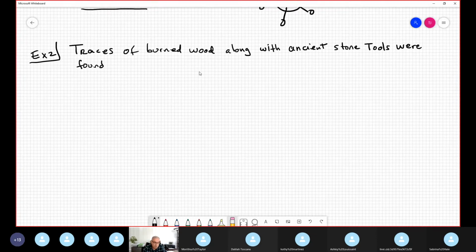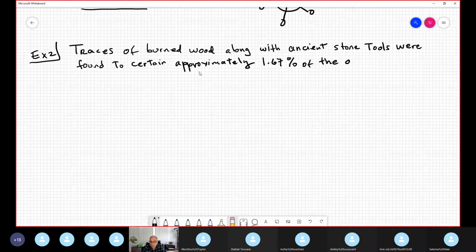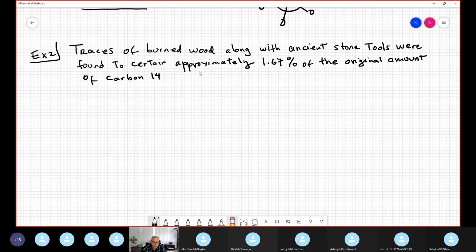These ancient stone tools were found to contain approximately 1.67% of the original amount of carbon 14. This is a chemical element.